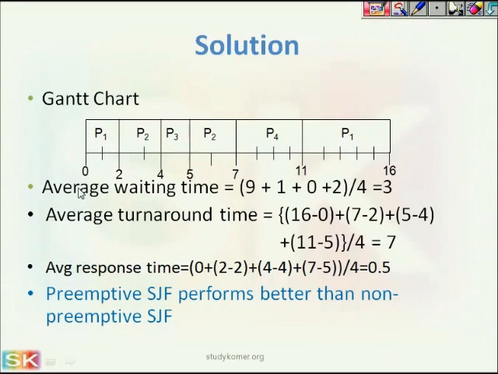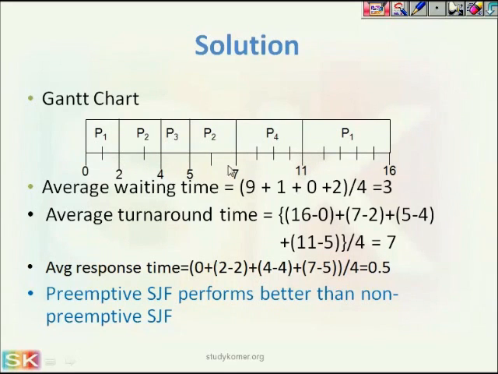CPU, right? So average waiting time is equal to waiting time of P1, that is, in the starting it has waited for 0 seconds, then at time 2 it left the CPU and the P1 process got the CPU again at 11 seconds.